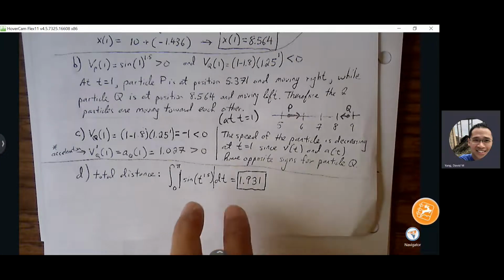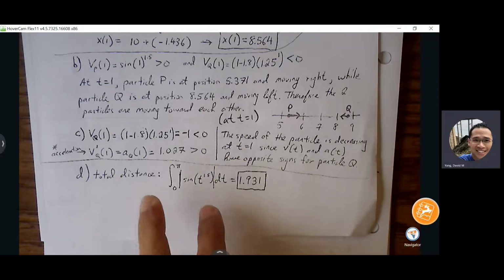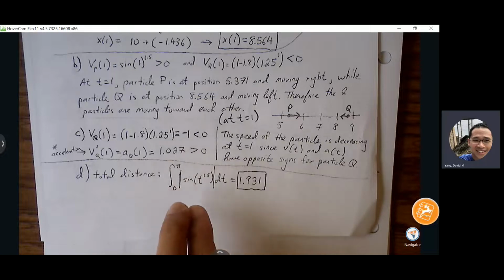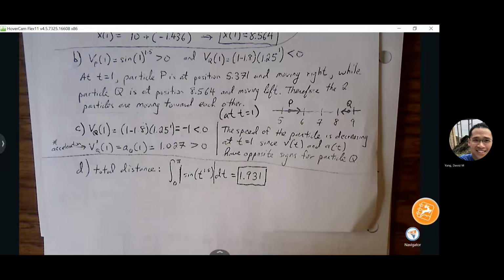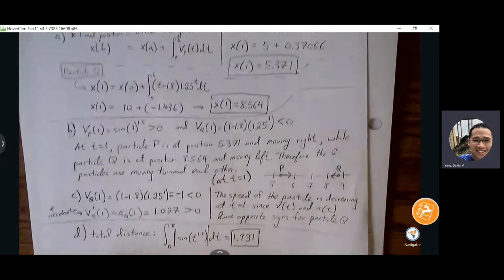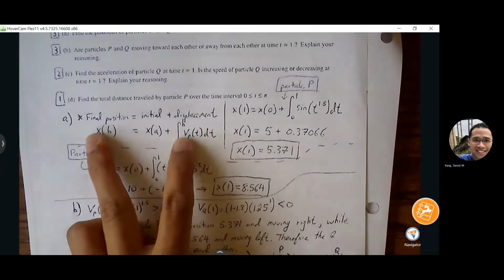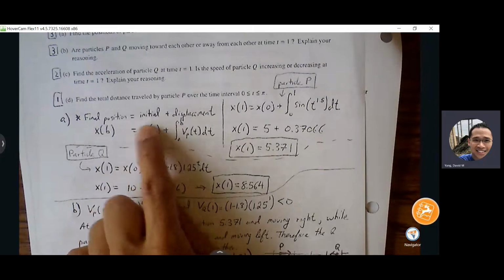Now, even though this is relatively easy, anybody know what is a common mistake that I see happen a lot when students are asked to do total distance? Has to do with this formula here. Final position equals initial plus displacement.